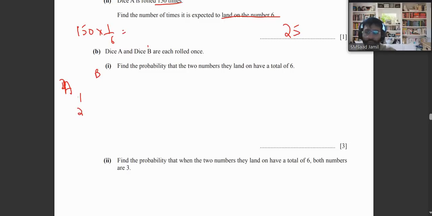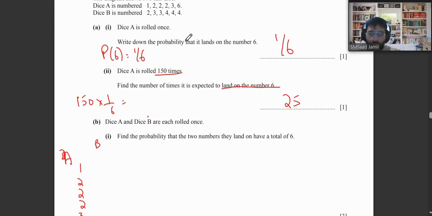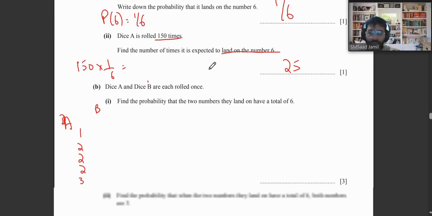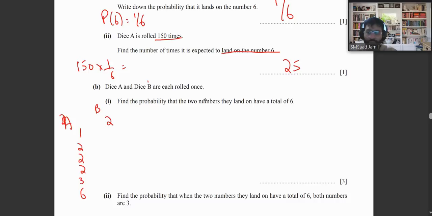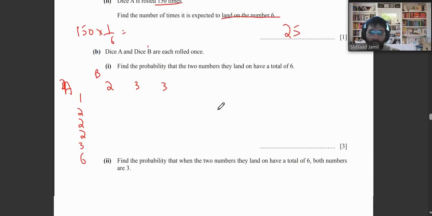And dice B is 2, 3, 3, 4, 4. So it says find the probability that the two numbers they land on have a total of 6.